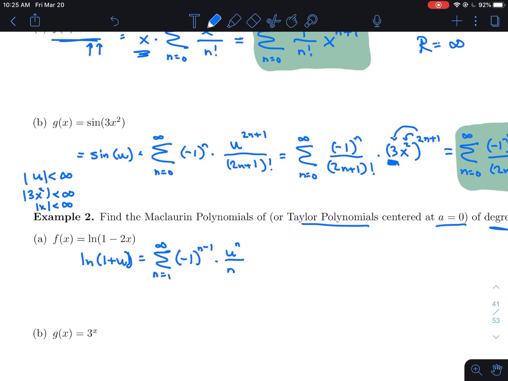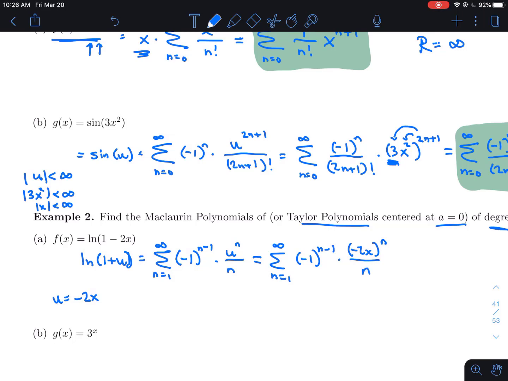And we're going to go ahead and do some substitution. So let's see, u should be equal to negative 2x. So I'm going to go ahead and substitute that in instead. And so I would have summing up from n equals 1 to infinity of negative 1 to the n minus 1 times negative 2x raised to the nth power divided by n.